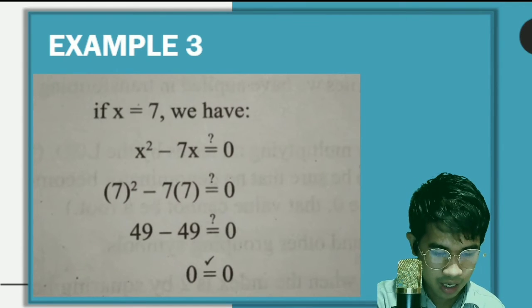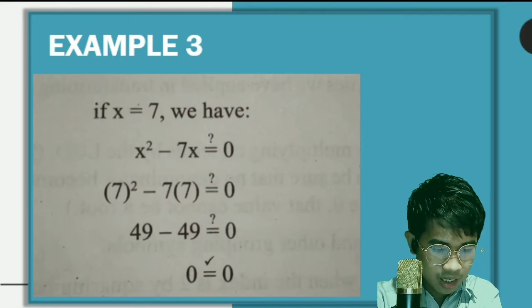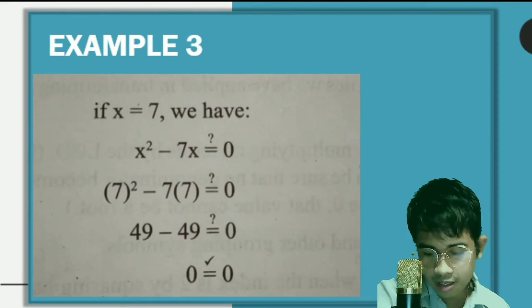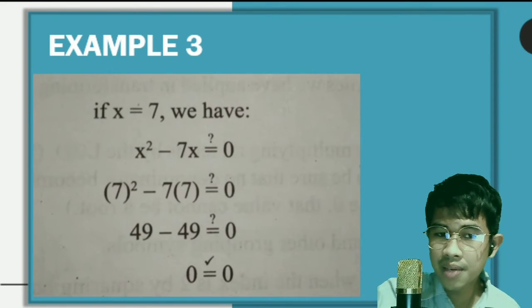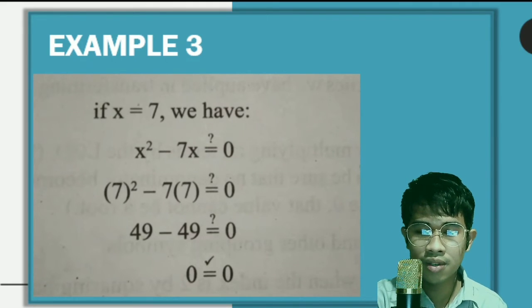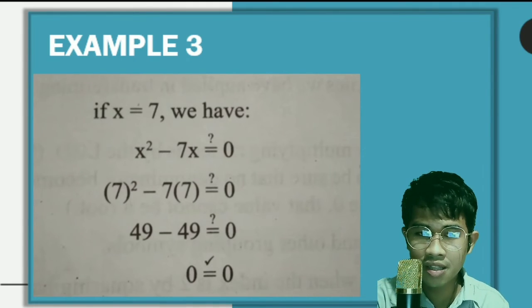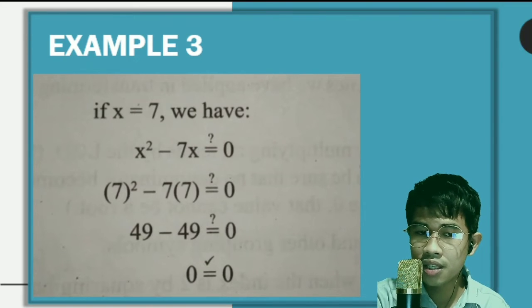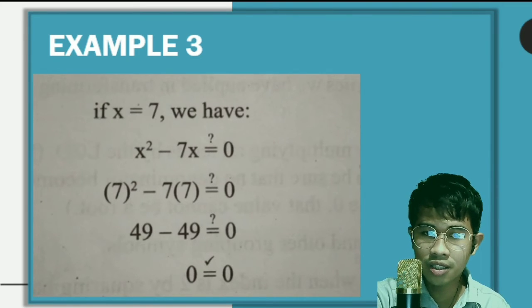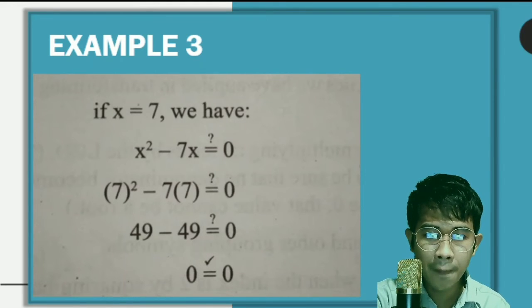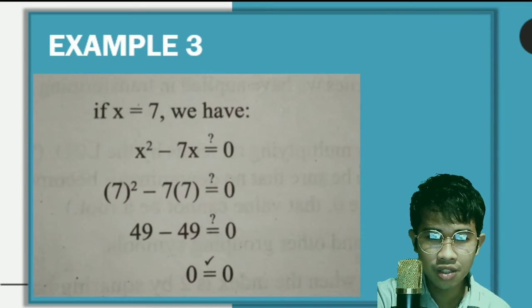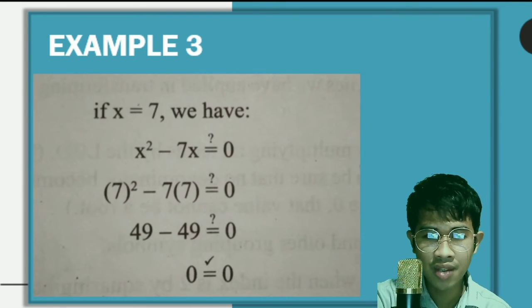Next is checking number 2. Gamiton ta naman this time x equal to positive 7. So, kung ang x is positive 7, i-substitute ta ang aton nga x into 7. So x change ta sa 7, amo na 7 squared.